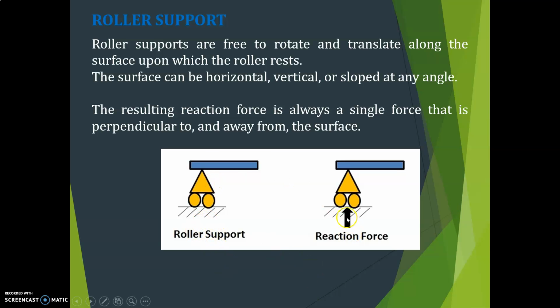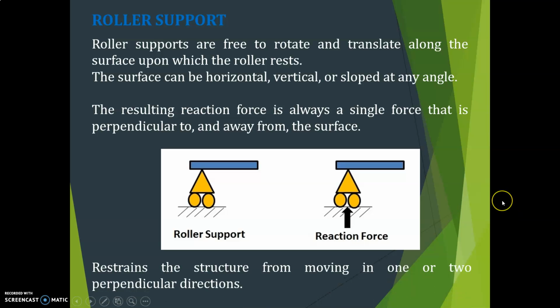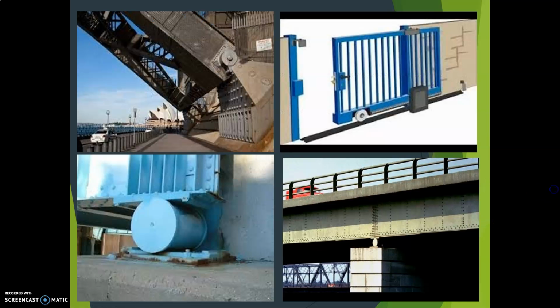This is the roller support, and the reaction is developed in the vertical direction. It restrains the structure from moving in one or two perpendicular directions.